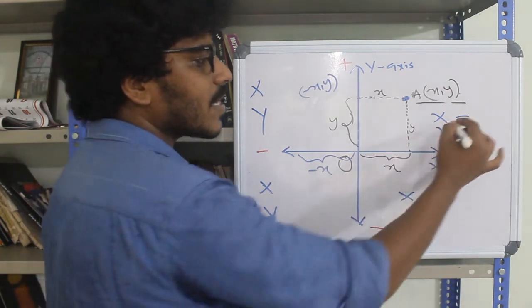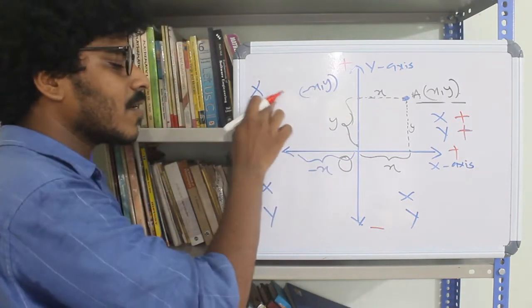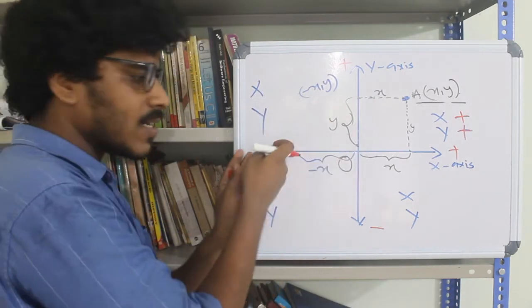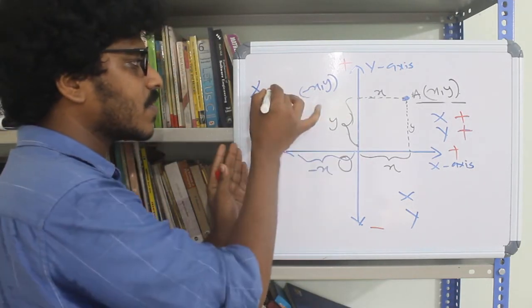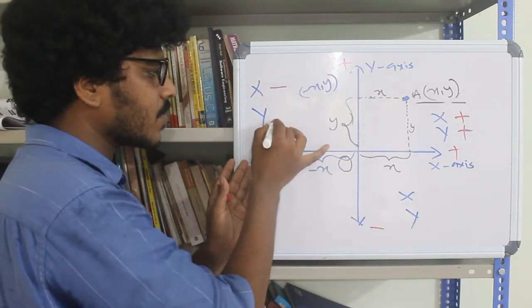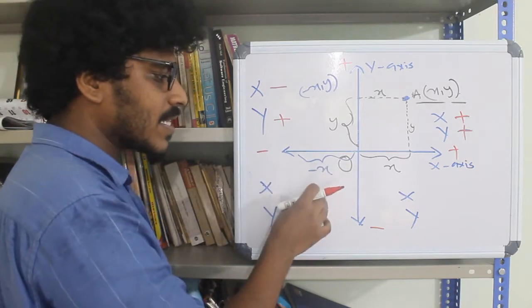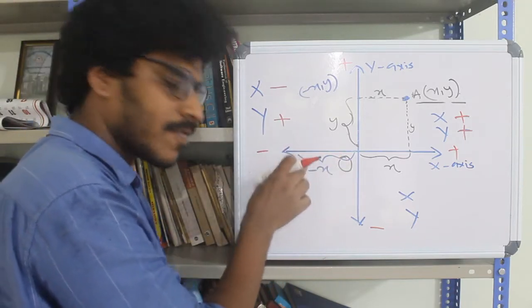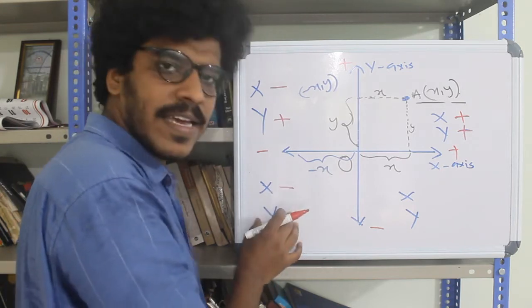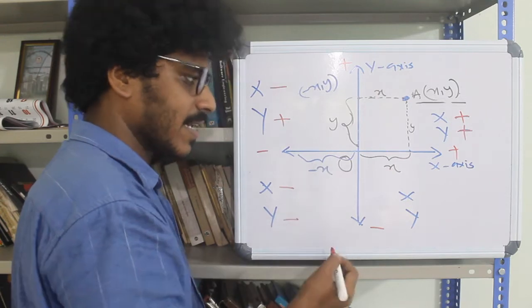In the first quadrant x is positive, y is positive. In the second quadrant x is on the left side of the origin, so it's negative. Y is still upward of the origin, so it is positive. In the third quadrant x is to the left of the origin, so it is negative. Y is downward of the origin on the y-axis, so it is again negative.